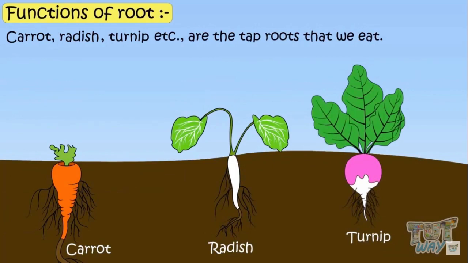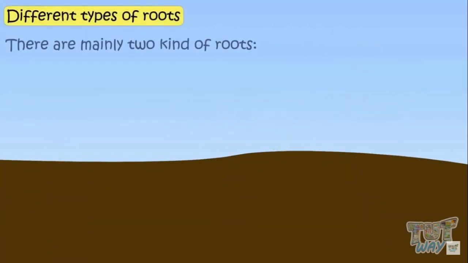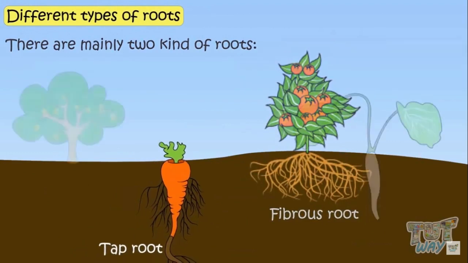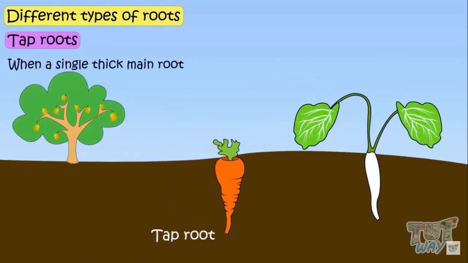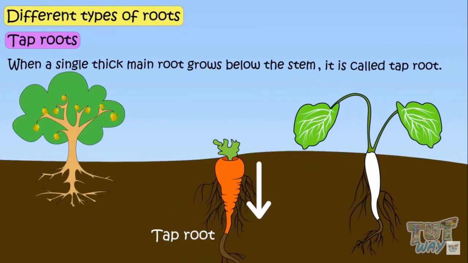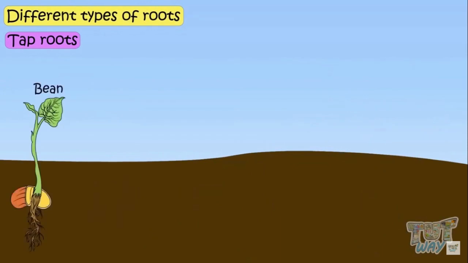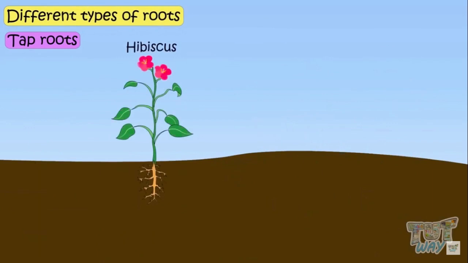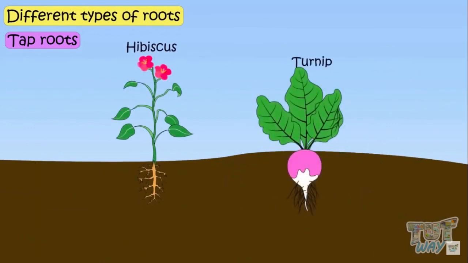Now let's see different types of roots. There are mainly two kinds of roots, tap roots and fibrous roots. When a single thick main root grows below the stem, it is called taproot. Many thin roots, which are unequal in size, grow from this main root. Beans, carrots, mango, radish, rose, hibiscus, and turnips are the plants that have taproots.